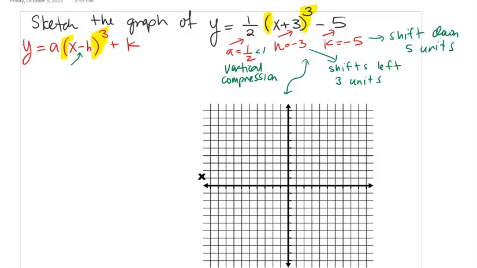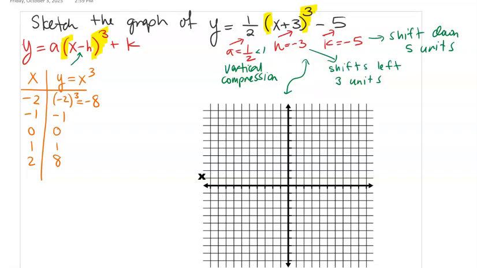Okay, so to get the points to help us carry out the vertical compression and the shifting, I'm going to start with our parent points from the parent graph. So I'm going to start with the ones that were centered around the origin where I was just cubing x. So this is the parent x values and the parent y values.